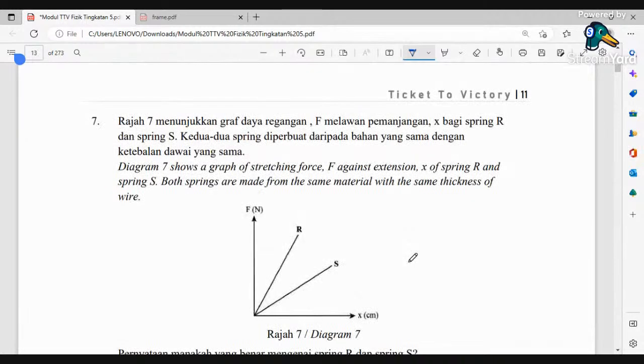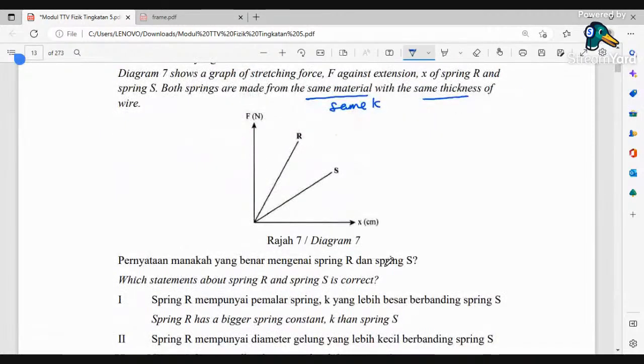Diagram 7 shows a graph of stretching force F against extension. Both springs are made from the same material. Same material means same k, same thickness of wire. Which statement about spring R and S is correct?